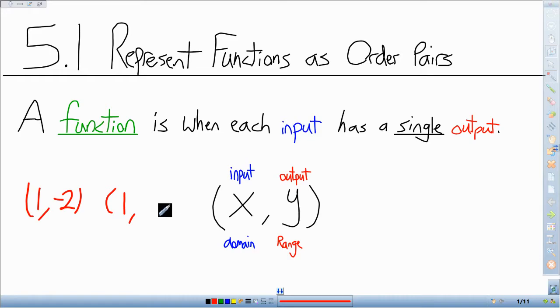We could not have a different y value. If we did say it was -1, this would not be a function, because our one input has more than a single output. It actually has two outputs, a -2 and a -1. That means it would not represent a function. It's a weird idea, but that's what we're looking for.